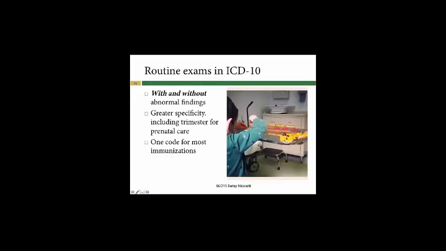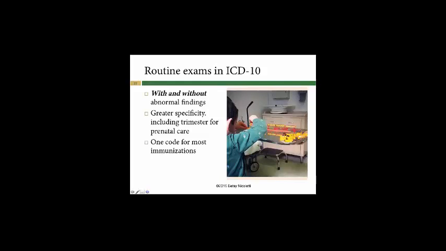We have a patient who delivers outside the hospital. We have a diagnosis code for that. Now, routine exams in ICD-10 get a little bit of a change. If you listened to some of the earlier presentations, you may have heard about this, but if this is the first one you've listened to, then you probably didn't. But routine exams in ICD-10 have with or without abnormal findings.